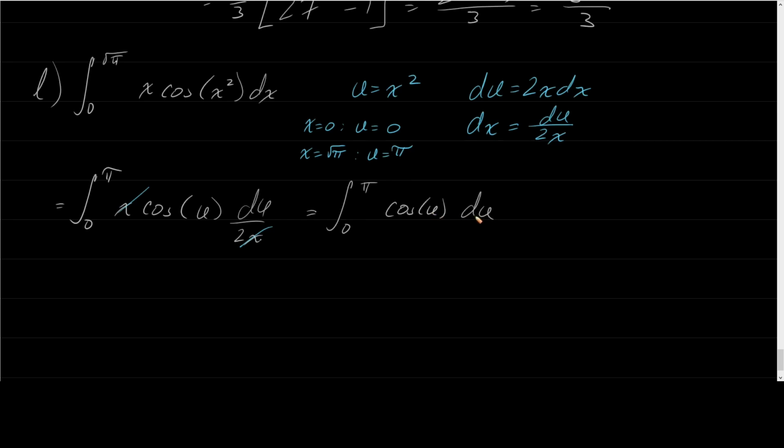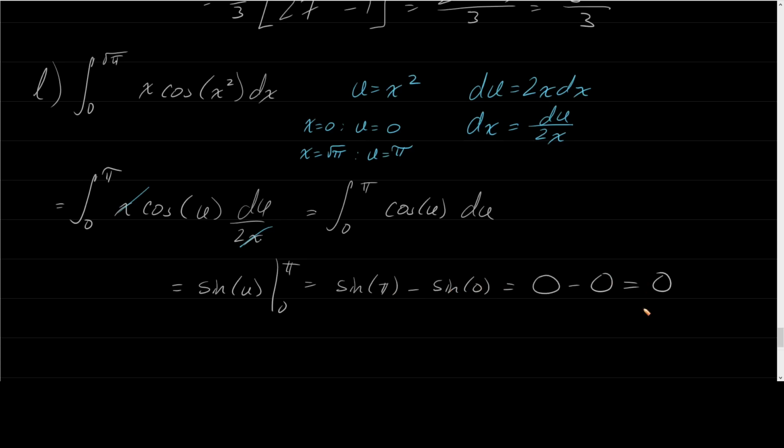Now, the integral of cosine is sine. So what I have here is sine of u evaluated from 0 to pi, which means it's sine of pi minus sine of 0, which is just 0.